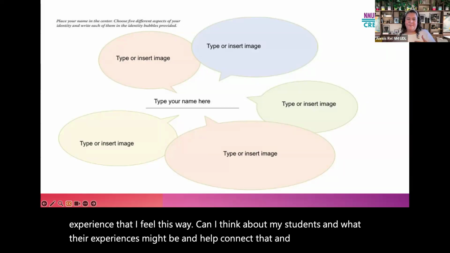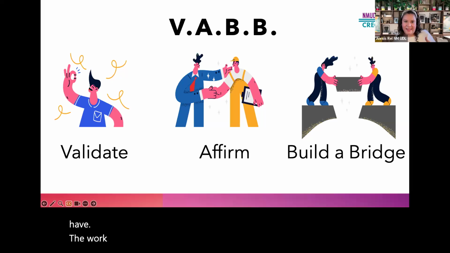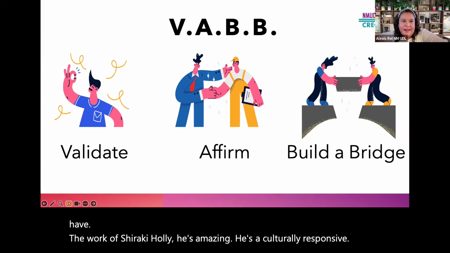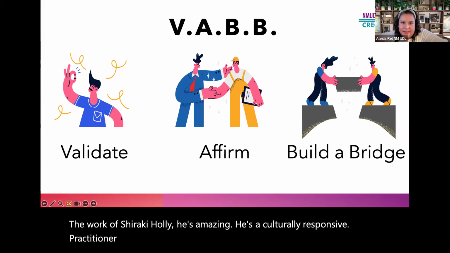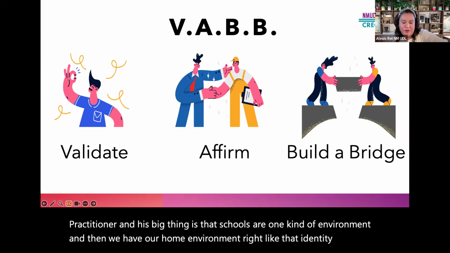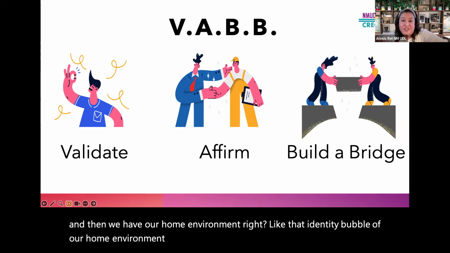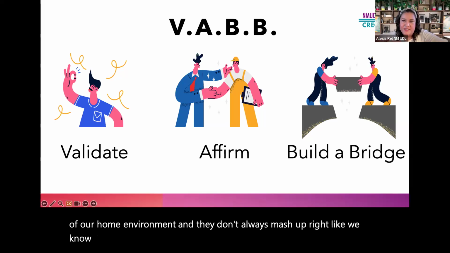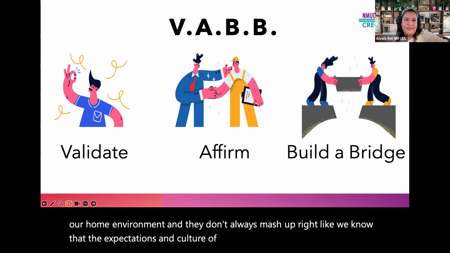And so with that, we have the work of Shiraki Hawley. He's amazing. He's a culturally responsive practitioner, and his big thing is that schools are one kind of environment, and then we have our home environment, right? Like that identity bubble of our home environment, and they don't always mash up. We know that the expectations and culture of school is different than the expectations and culture maybe of home.